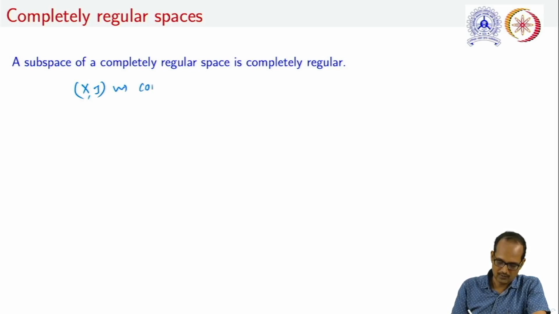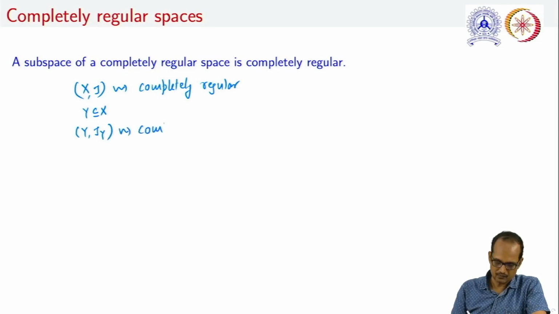So we are taking that this space is completely regular. Now let us take a subset Y of X and our interest is to show that this is also completely regular.